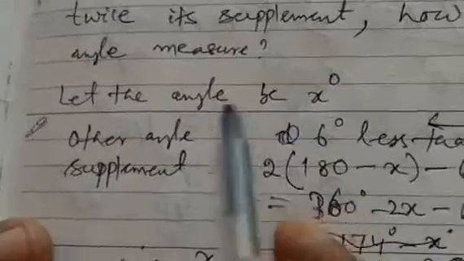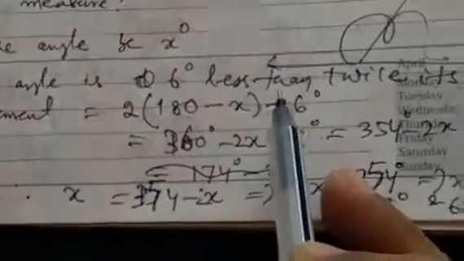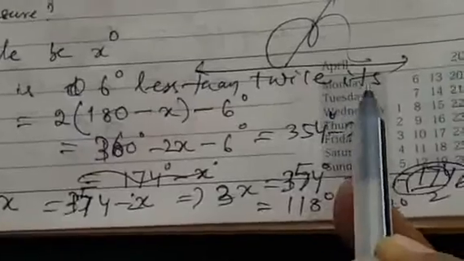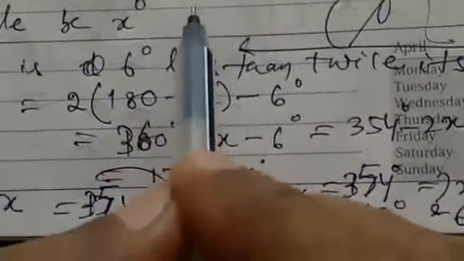Let us take each angle to be x degree. Since the two angles are supplementary, what will be the other angle? If one angle is x degree, its supplement is 180 minus x degree.